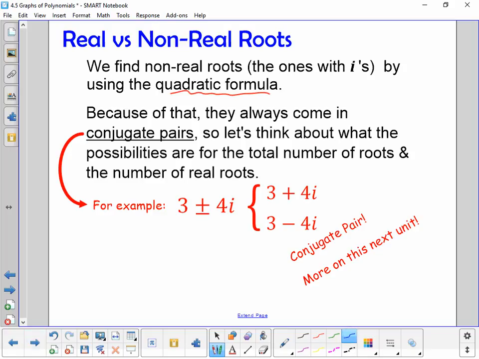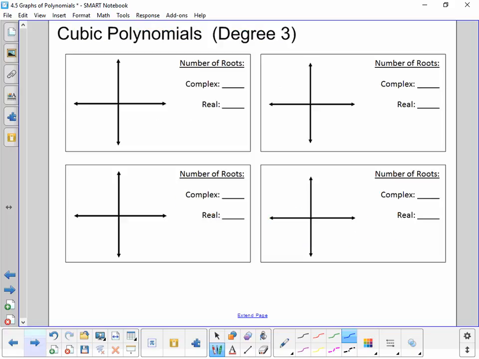If you use the quadratic formula, you'll have this plus or minus symbol as part of it, and so you would have both of those roots, one with the plus and one with the minus. They come in pairs. So anytime we have non-real roots, they do come in pairs, not ever as singles.